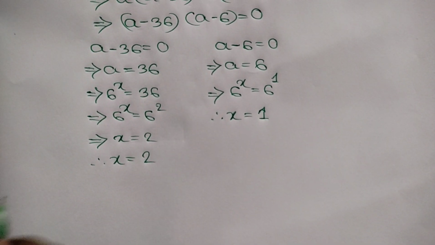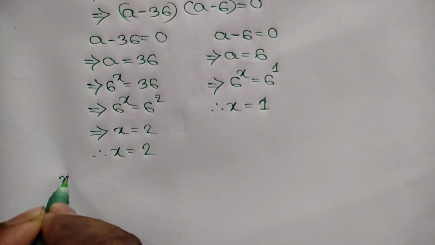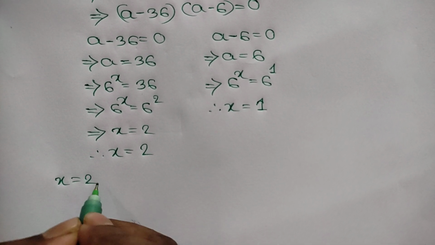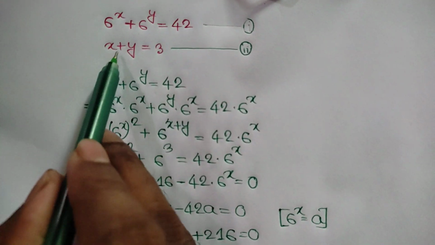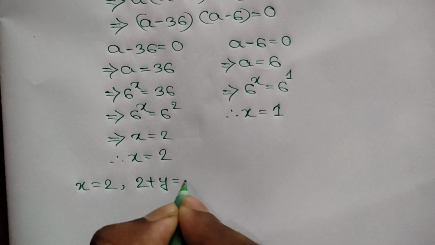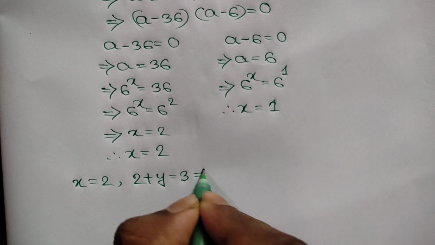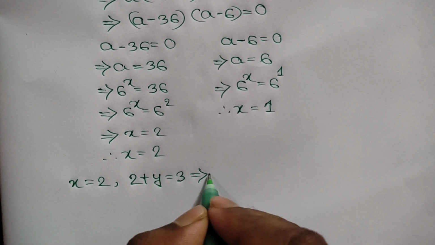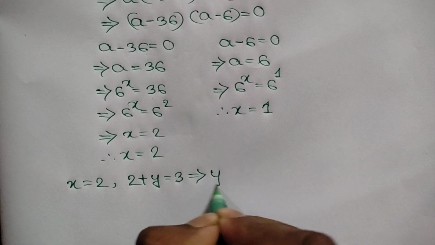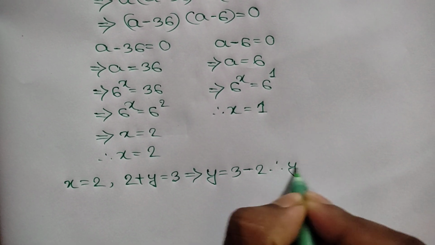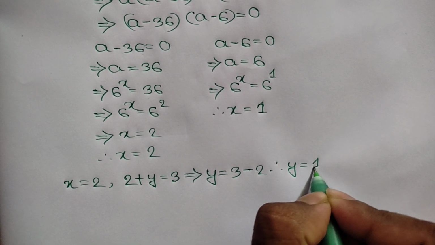Okay, when x is equal to 2, now from equation number 2 we can write 2 plus y is equal to 3, or y is equal to 3 minus 2. So the value of y is equal to 1.